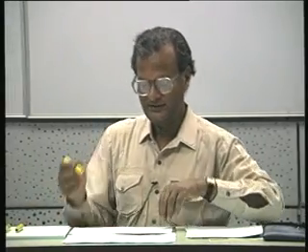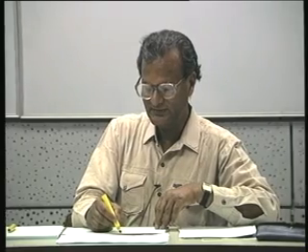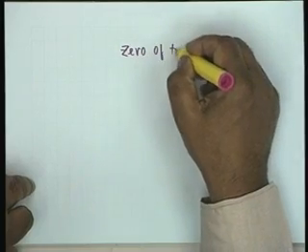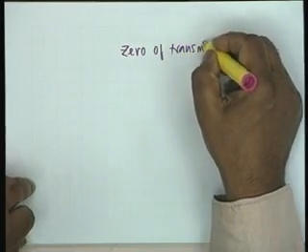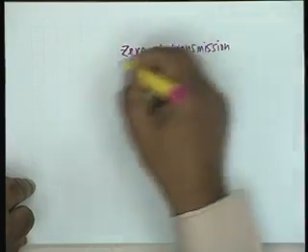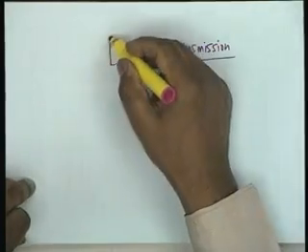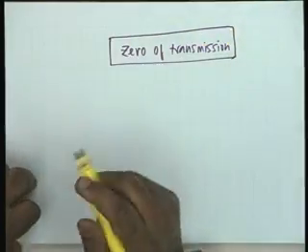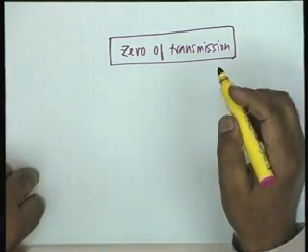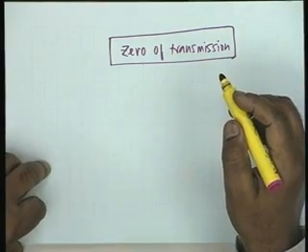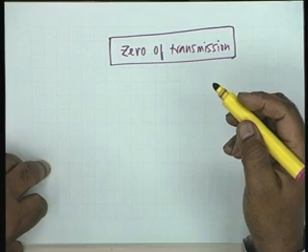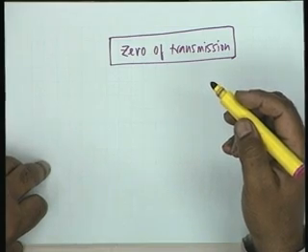All right. Next we introduce a term, zero of transmission. A very obvious term, nothing very special. A zero of transmission of a two-port network is the frequency at which there is no transmission. As simple as that.